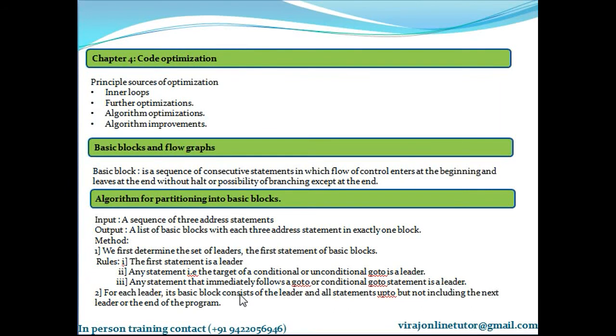Typical loop optimizations are removal of the loop invariant computations and the elimination of induction variables. Whatever part of the code in your loop is not dependent on the loop, we can move it out. And if there are any variables which are moving in correlation, then we can eliminate those induction variables also.